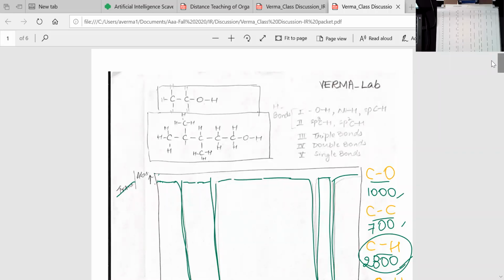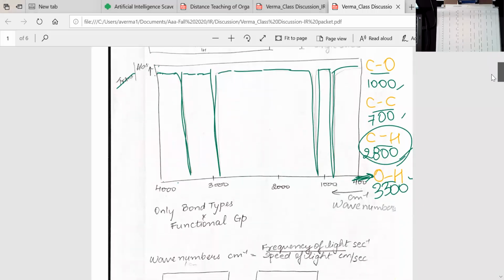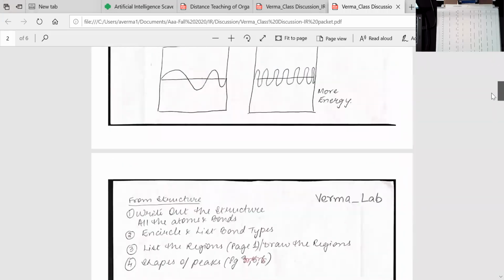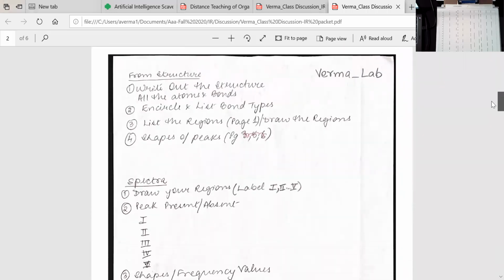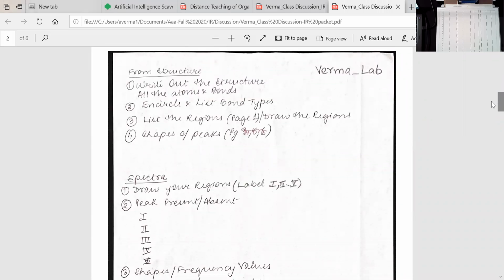We will now discuss the two types of questions that you need to be solving for the IR spectra and from the IR spectra.